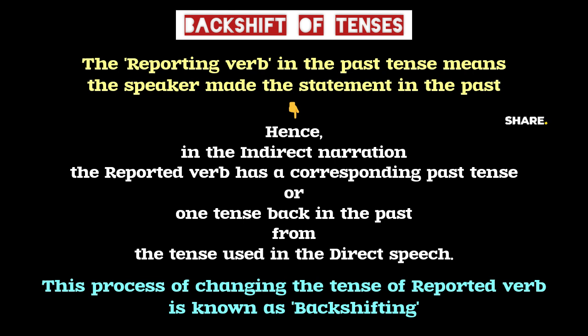In other words, we change the tense of the reported verb one tense back in the past from the tense that is used in the direct speech. The corresponding past tense means simple present to simple past, present continuous to past continuous, present perfect to past perfect, and so on. So this is what backshifting of tenses means in narration change.